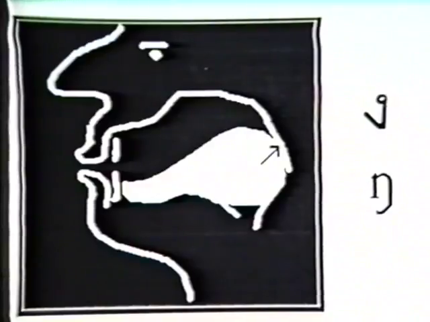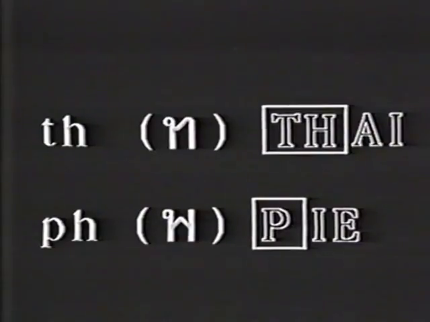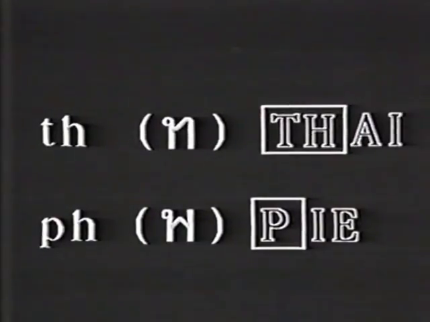In the phonetic transcription, th is always the sound t, as in Thai, never th. Also, ph is the sound p in pie, not f.